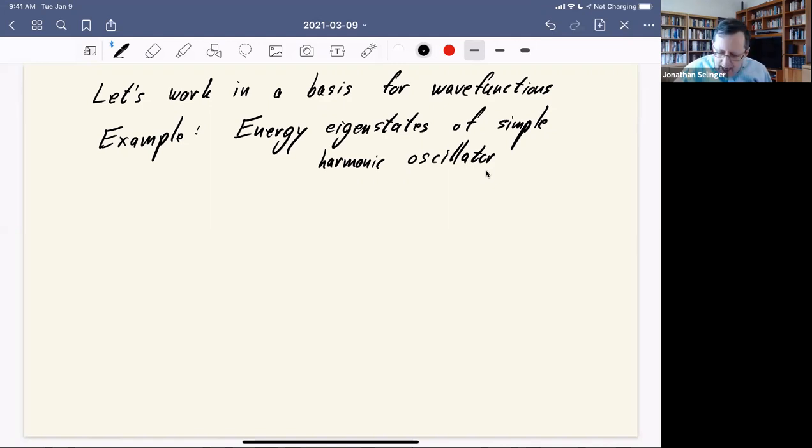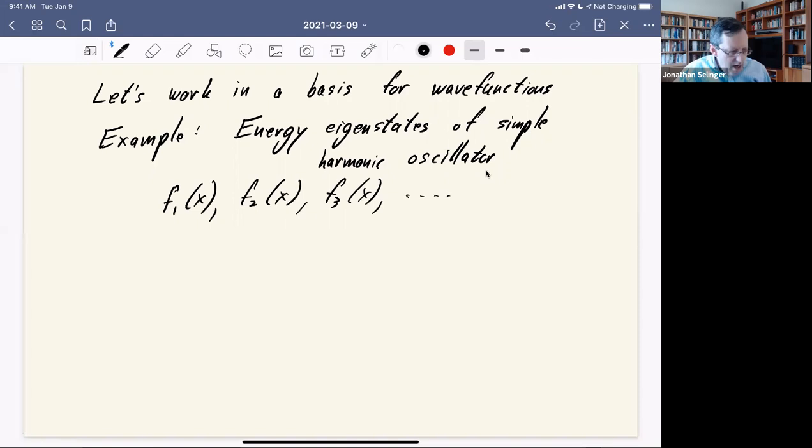Those are energy eigenstates, which we could call F1 of x, F2 of x, F3 of x, dot, dot, dot.